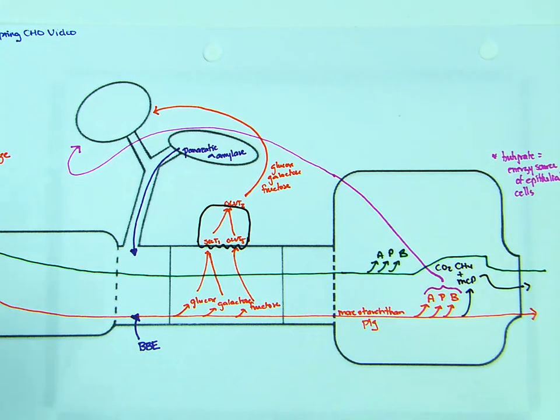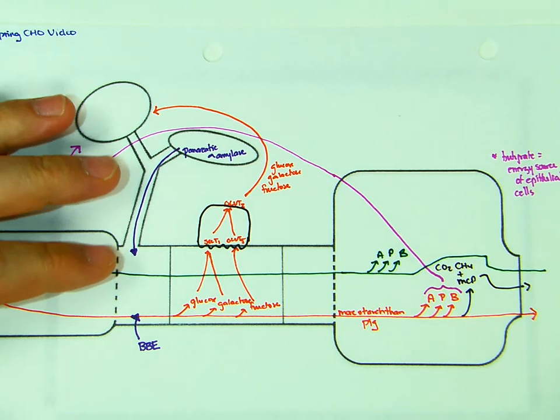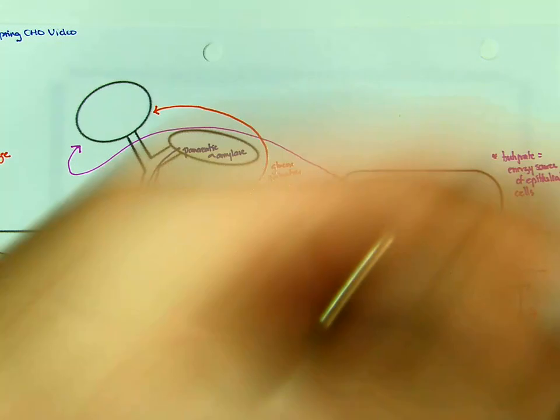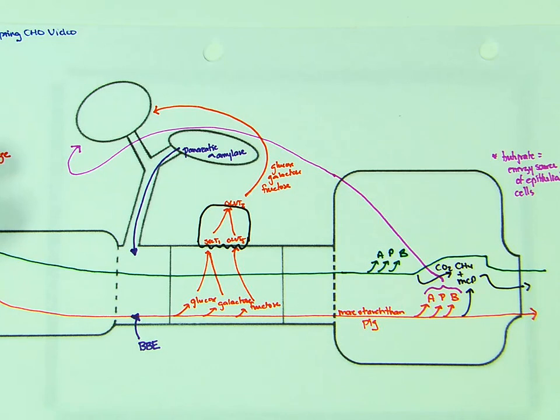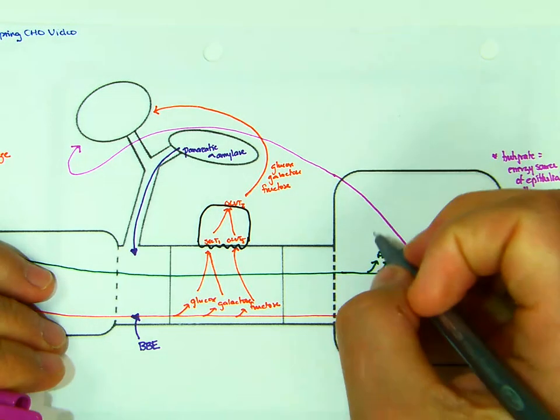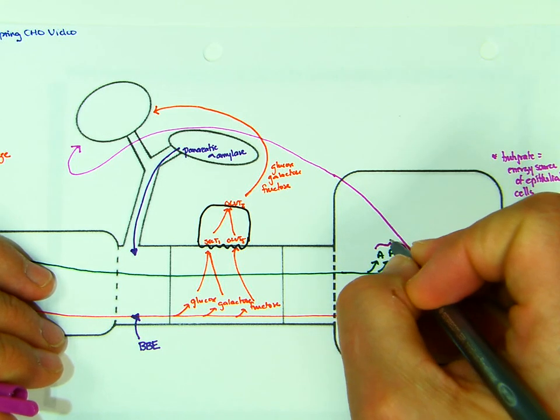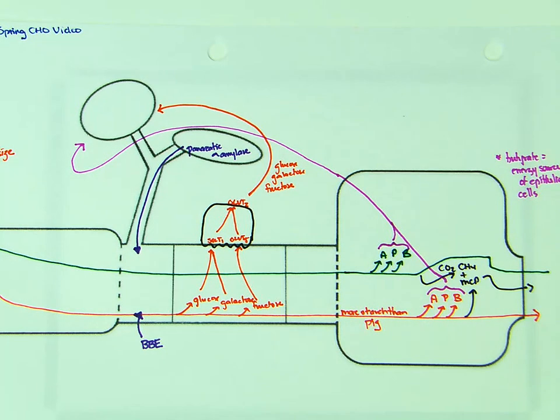It's actually going to produce the sugars that will be fermented into acetate, propionate, and butyrate. We're also going to produce CO2, CH4, and methane, which will get excreted. The acetate, propionate, and butyrate will get absorbed and go to the liver.